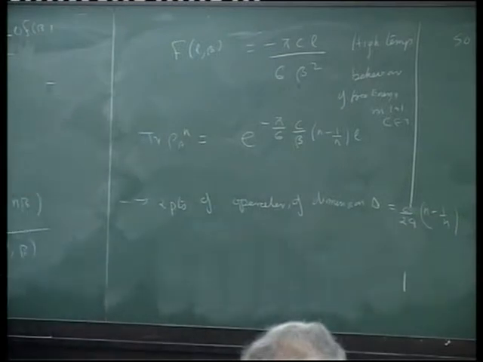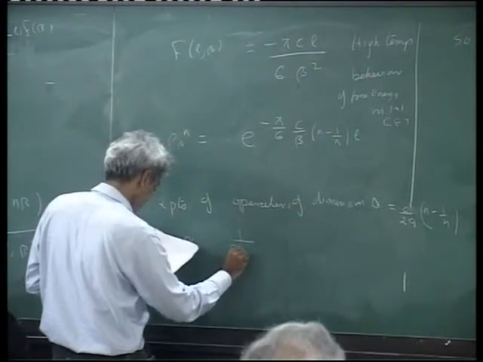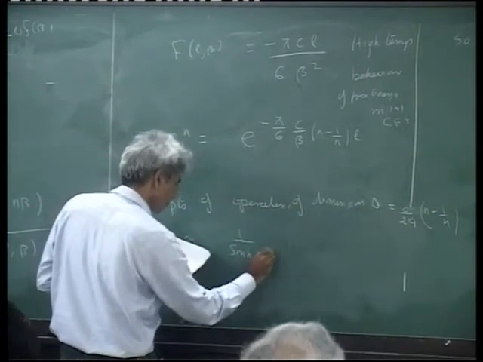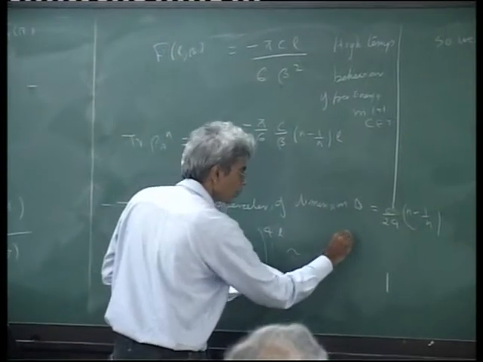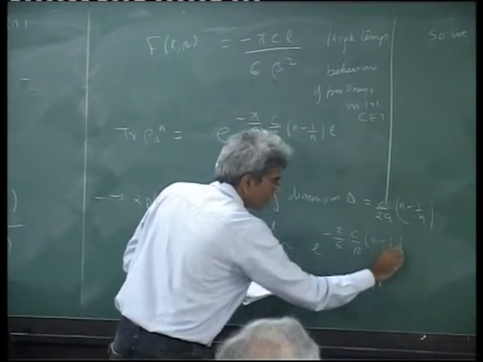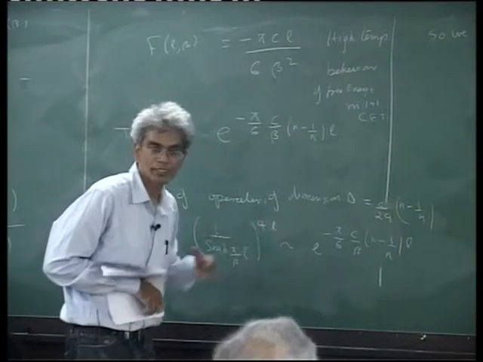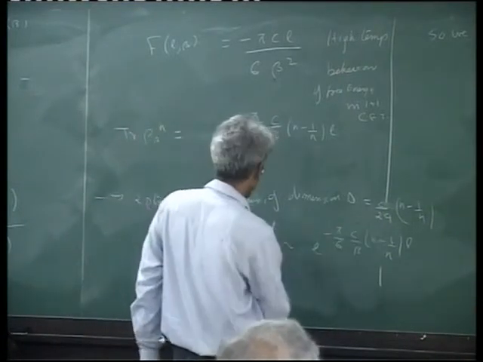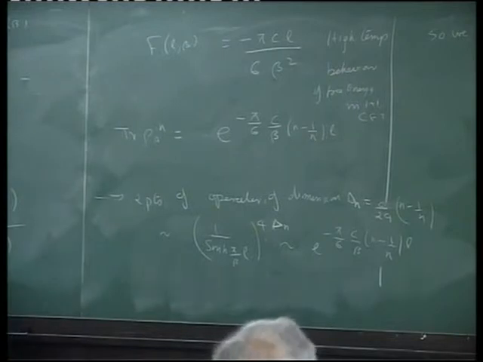So if you have operators of dimension C by 24 n minus 1 by n, then the two-point function roughly is something like sinh of pi by beta L to the power of 4 delta, which at high temperature is minus pi by 6 C by beta, n minus 1 by n, L. You can just check. Delta is the dimension. I mean, the two-point function where the operators are kept at the two ends, 0 and L. So that is the answer.